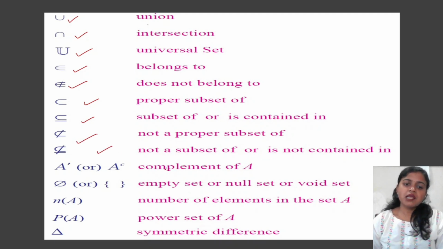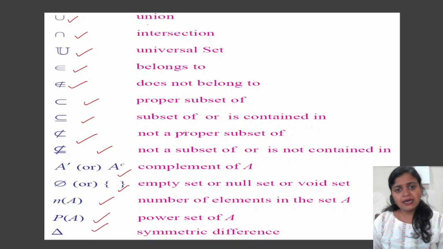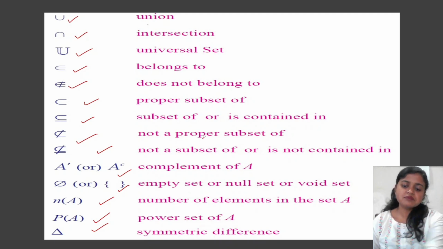Complement of A is this, empty set, null set or void set is this, and the number of elements in the set is this, n of A, and power set of A, P of A, and symmetric difference is this one. We'll discuss these in the next session, and we'll understand better in this slide.